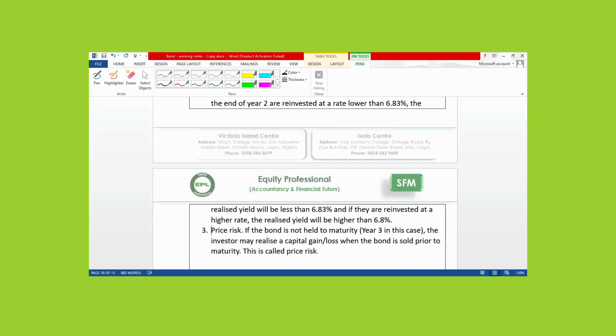Next requirements. We look at the next requirements. That is requirement B2.